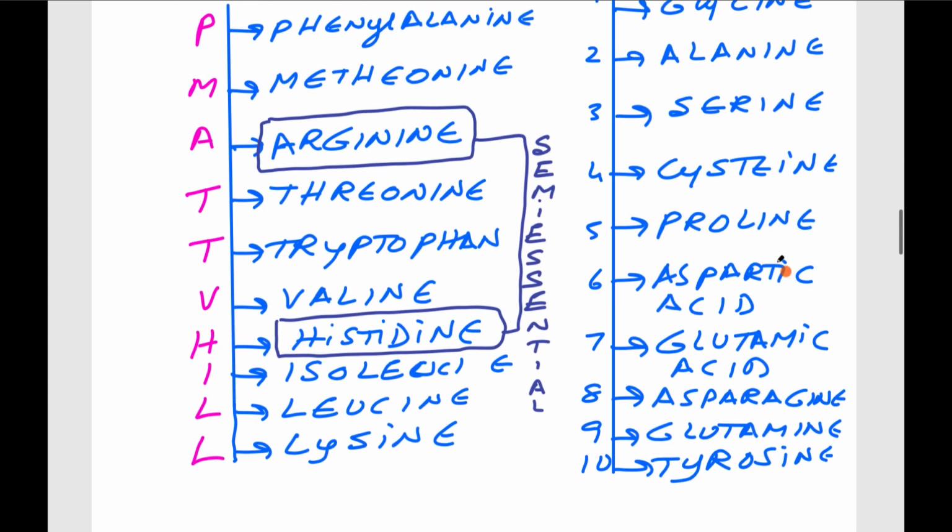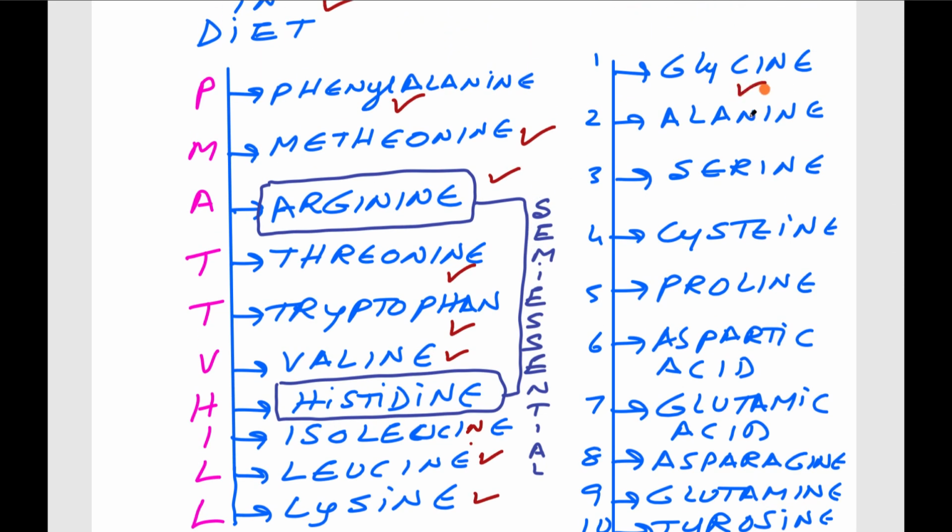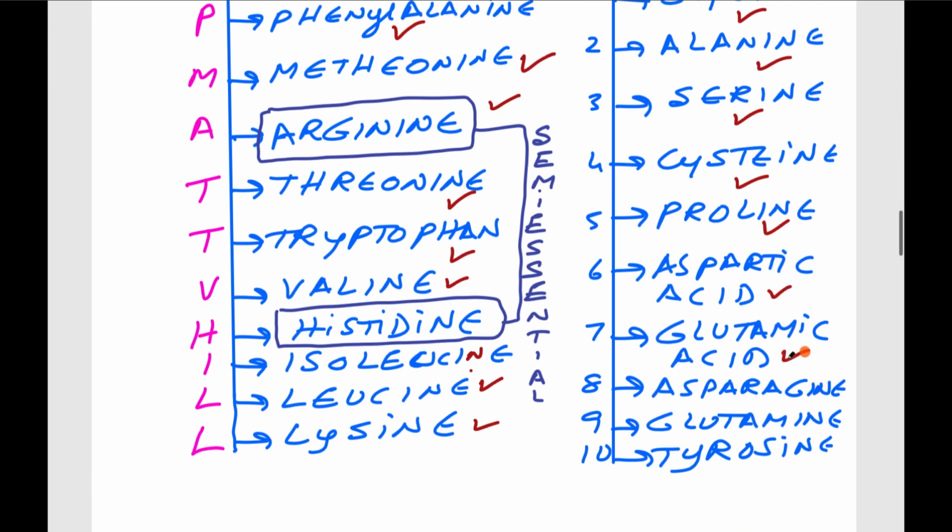There are 10 essential amino acids, as I mentioned, PVT TIM HALL: phenylalanine, methionine, arginine, threonine, tryptophan, valine, isoleucine, leucine, and lysine. Out of this, arginine and histidine are semi-essential, partially synthesized; their quantity is not sufficient in children to support their growth. The remaining 10 amino acids are non-essential: glycine, alanine, serine, cysteine, proline, aspartic acid, glutamic acid, asparagine, glutamine, and tyrosine.